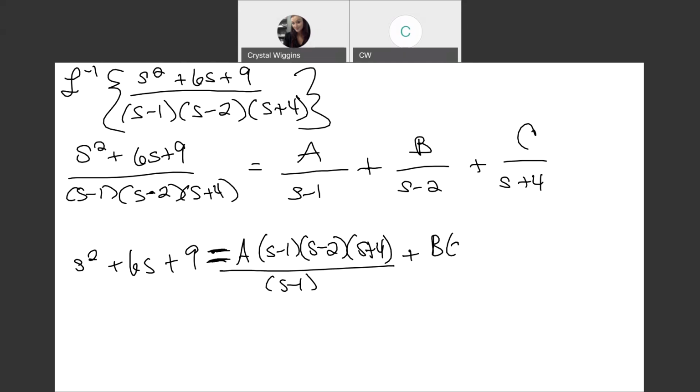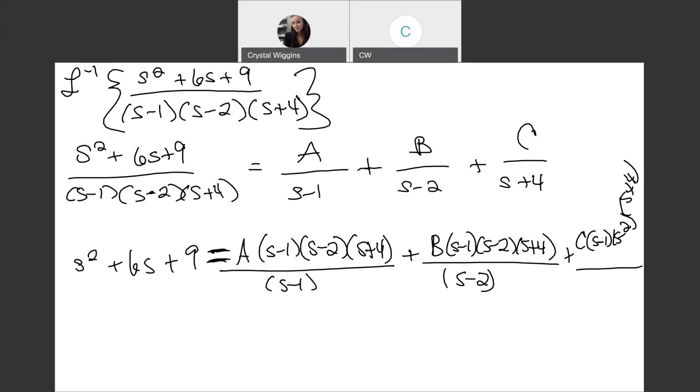So plus b times the same common denominator all over s minus 2. Then we have plus c, same thing. Let's see if I can squish it in here. s minus 1, s minus 2, s plus 4, all over s plus 4. So our denominators canceled on the left side. Pieces are going to cancel on this right side, leaving us with s squared plus 6s plus 9 is equal to a, and we're going to have to multiply this out.